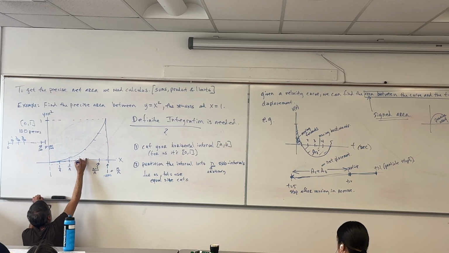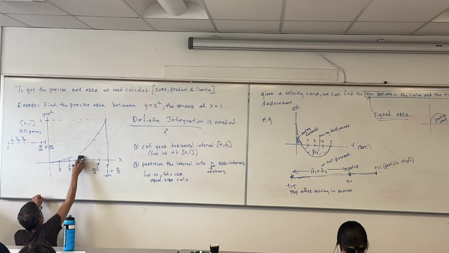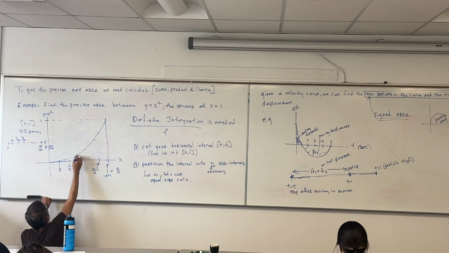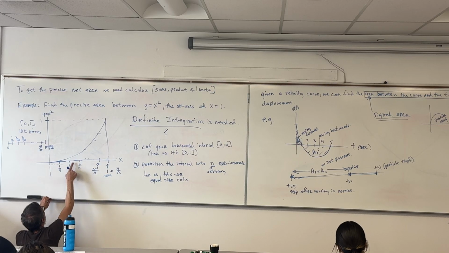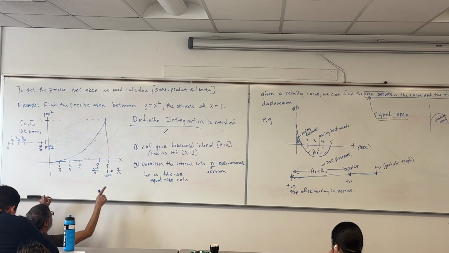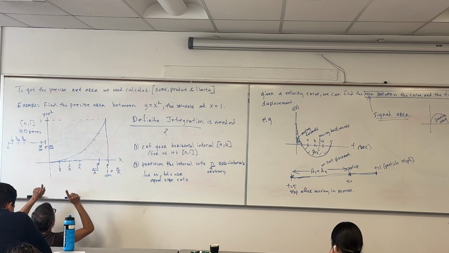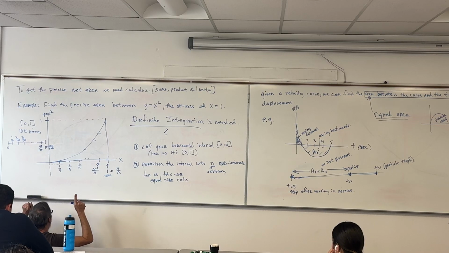And then the right endpoint rectangle looks like this. I'm going to set this up so that it doesn't matter where we pick. In fact, you can pick any point you want inside these guys. So what we're going to do next, step 3, is in each of these subintervals, pick a representative point.